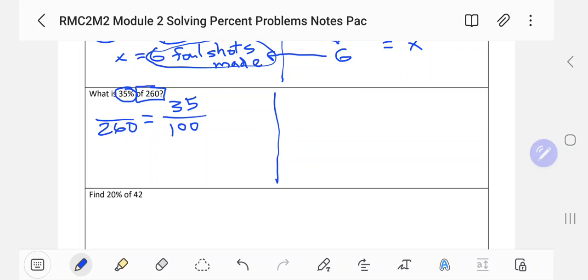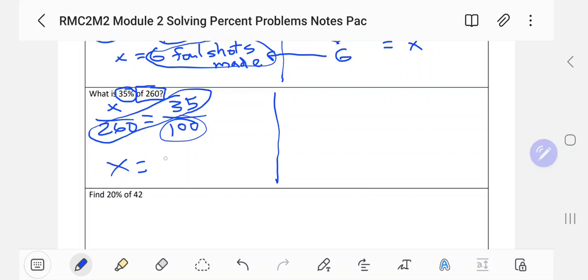And my finger is part of my hand, right? What followed the word of there? My hand. My hand was the whole in that case. So a lot of times the number that follows the word of is your whole. All right, so now we have everything set up, and you can just multiply those two, divide by that one, and you can get your result.